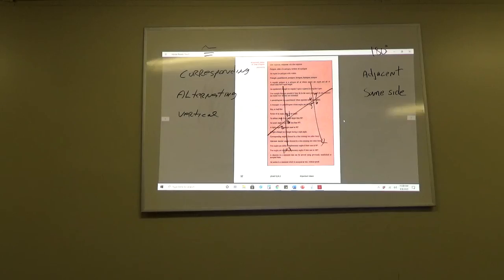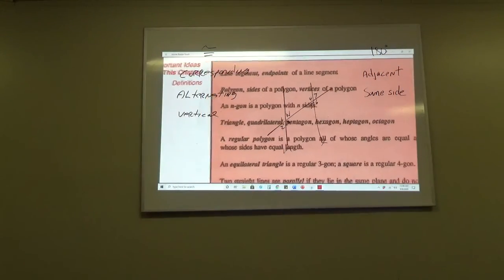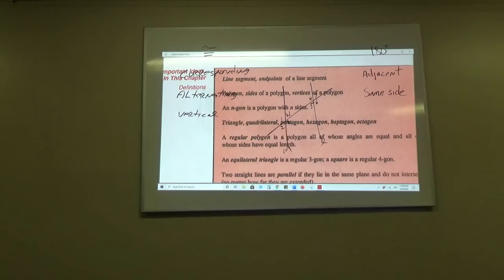Now we're at this. A line segment has endpoints. A polygon has sides, and what is a vertex?